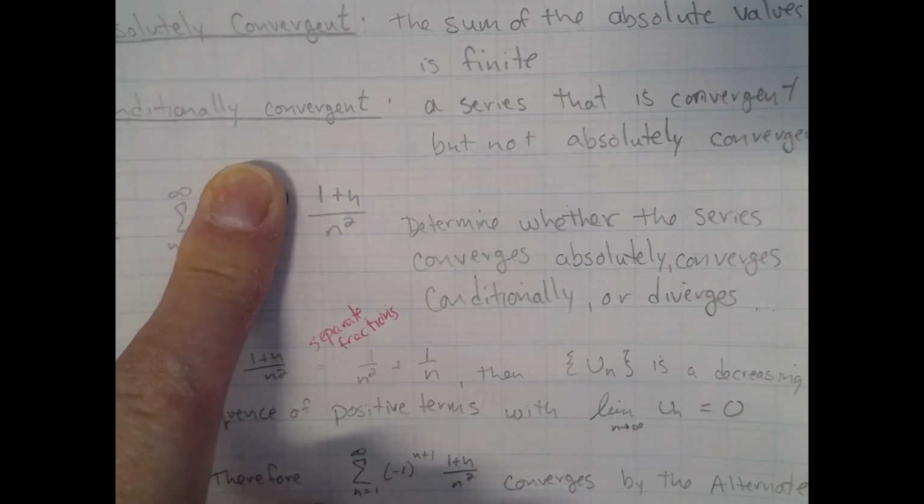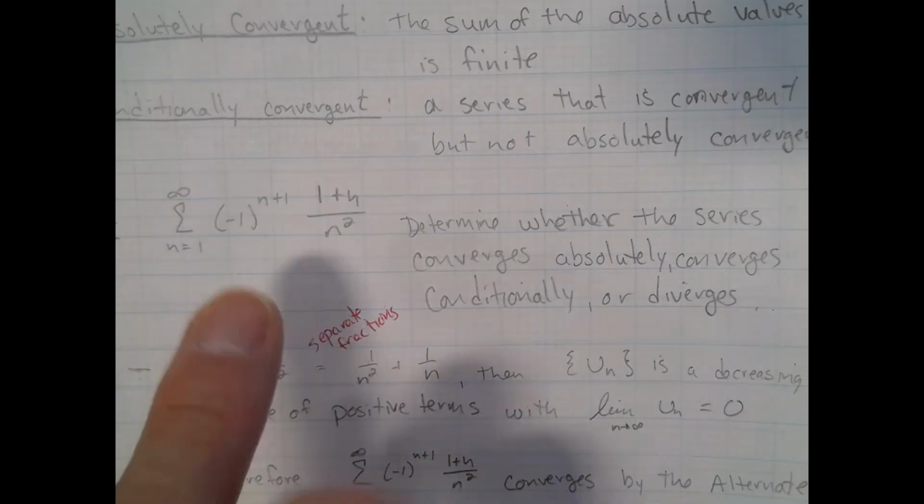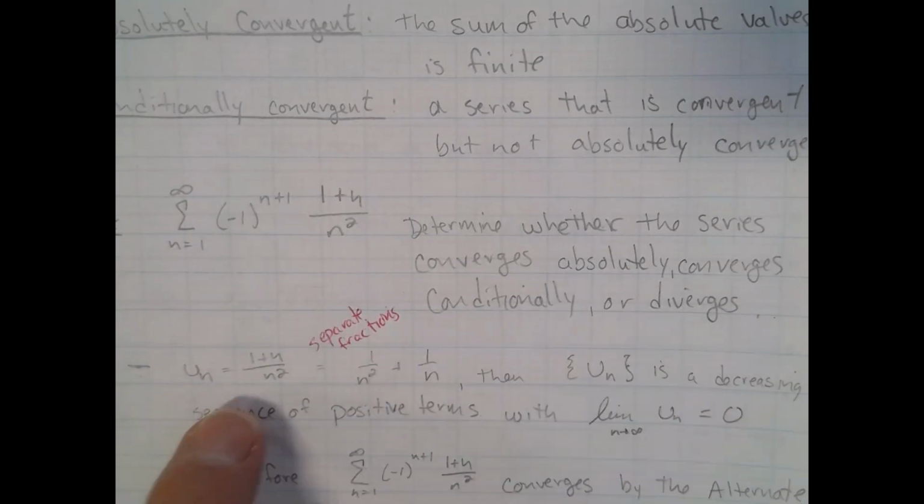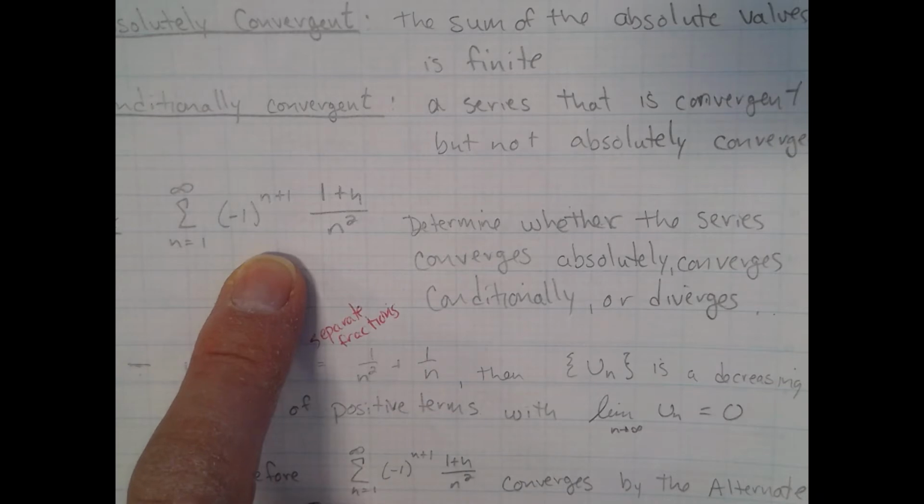Okay, so let me ask you a couple questions. Does this series converge? Yes, it does. Through what test? How do you know? The alternating series test. So this one converges by the alternating series test.